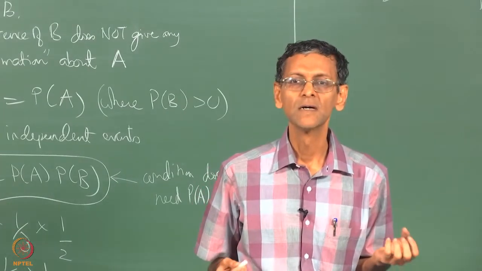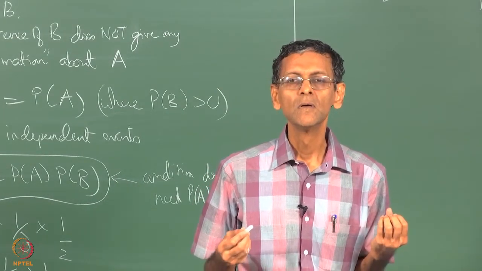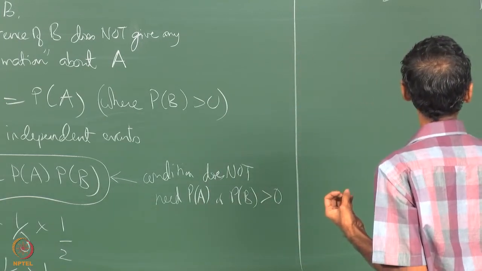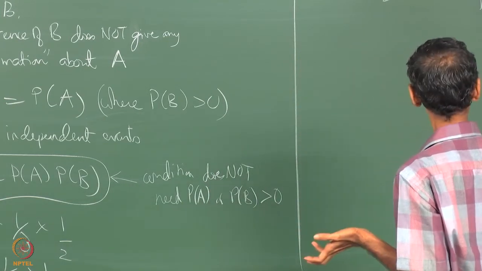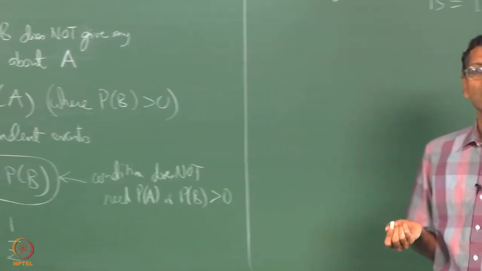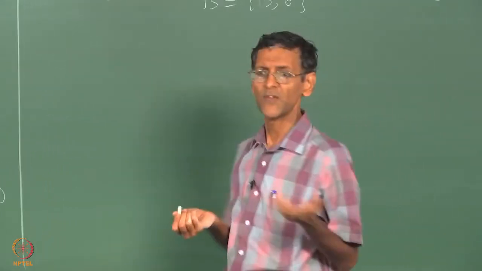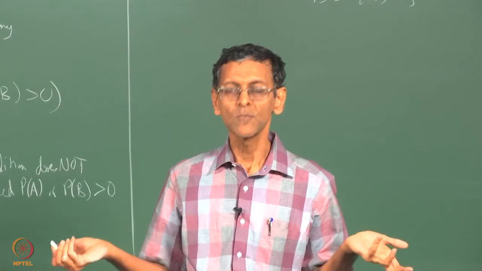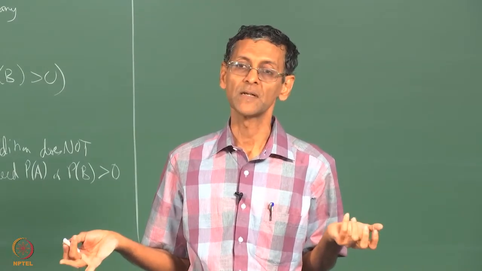Yes? What if we define B to be the probability of it being odd? Then will it be independent or mutually exclusive? Obviously it will be exclusive. If you say B is 1, 3, 5, then clearly AB is empty. So obviously they will be exclusive and not independent.